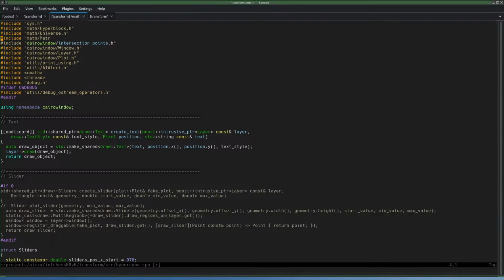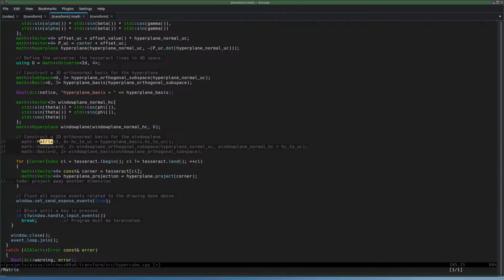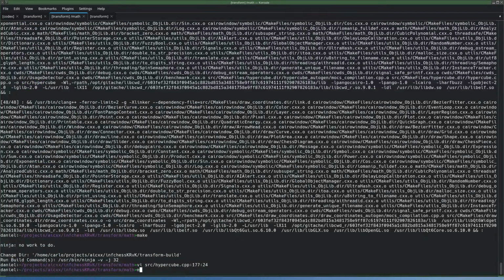Yeah, the matrix is going to be included from whoever is returning my matrix here. That is the hyperplane. We don't have that function yet, but the rest should already work, I think.